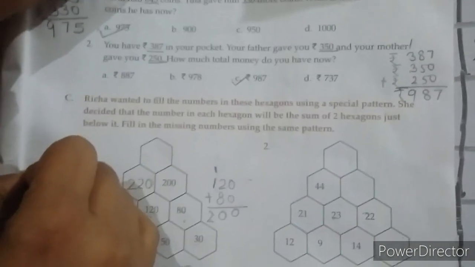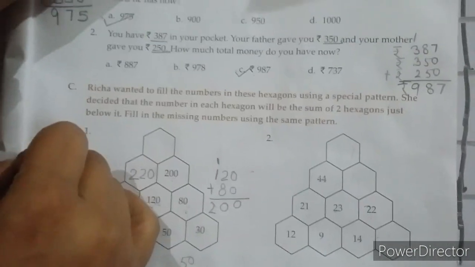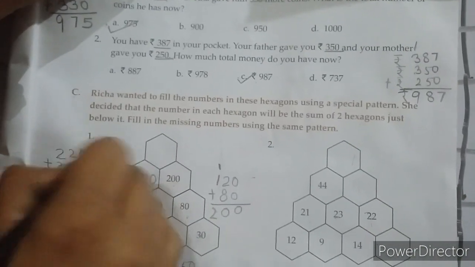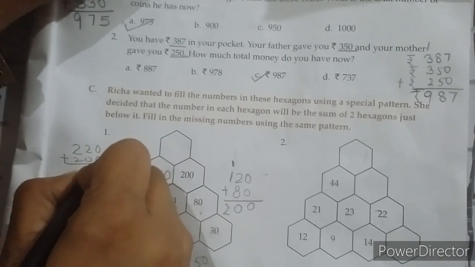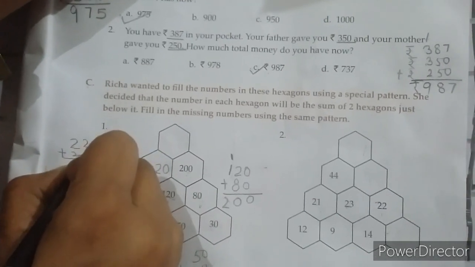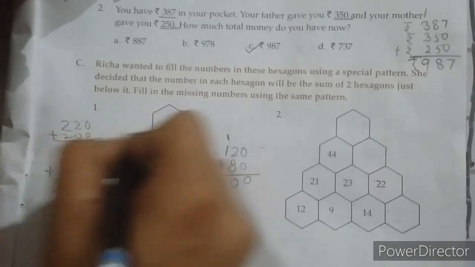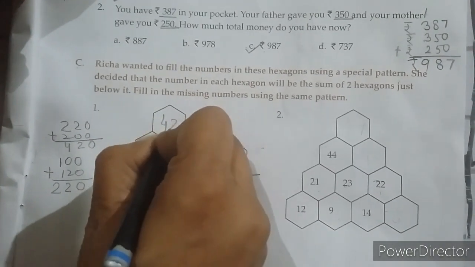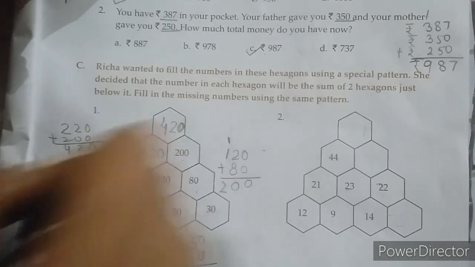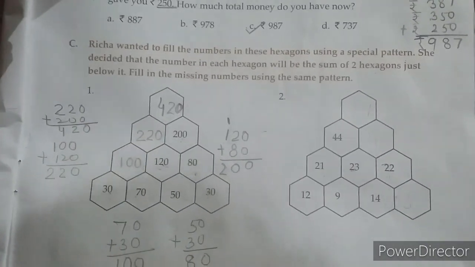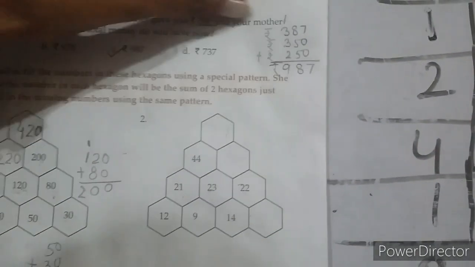So 220 plus 200 is equal to 0 plus 0, 0, 2 plus 0, 2, 2 plus 2, 4. So here 420. Okay students, now come to the next question.